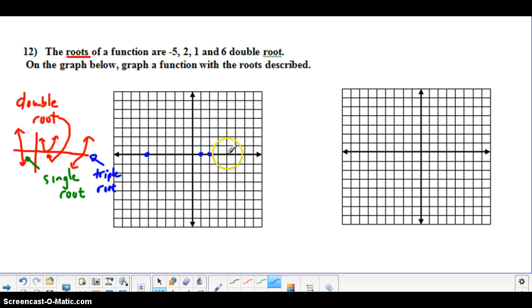Our double root is going to again bounce off, and I should move that over more. There, that looks better. And our single roots will go straight through.